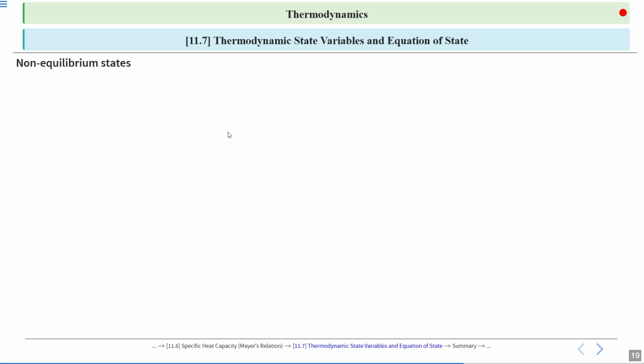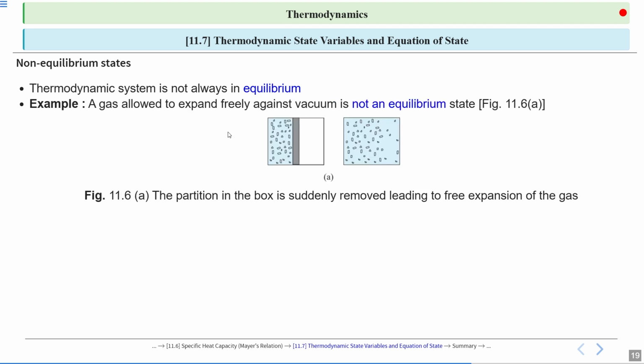Non-equilibrium states. Here, we will talk about some conditions of the non-equilibrium state. A thermodynamic system is not always in equilibrium. Example: suppose we have gas particles, and the gas is allowed to expand freely against vacuum, which is not an equilibrium state.